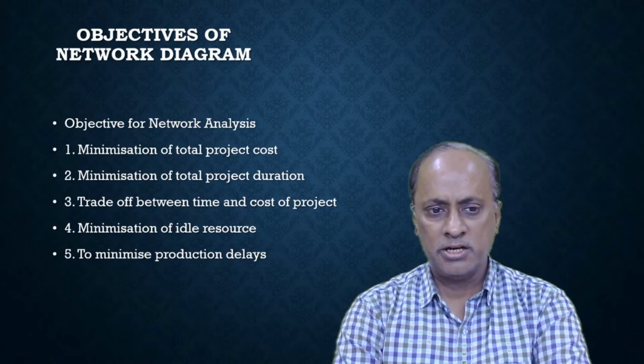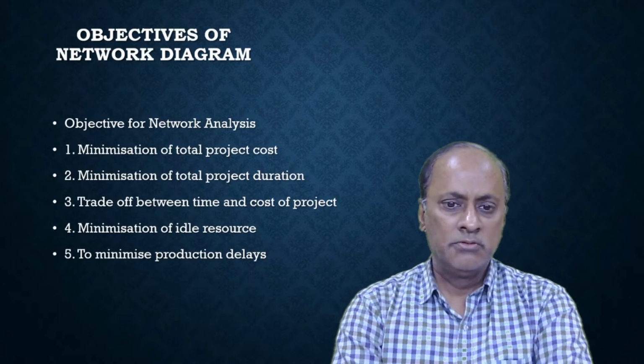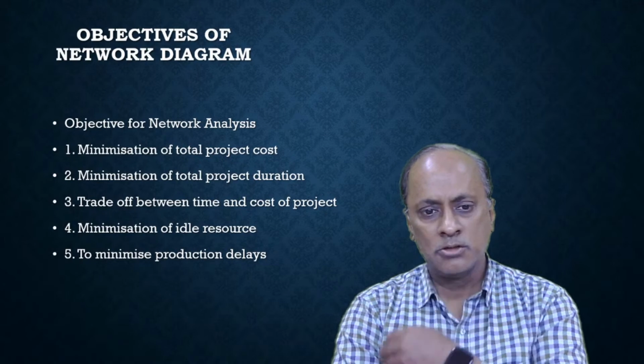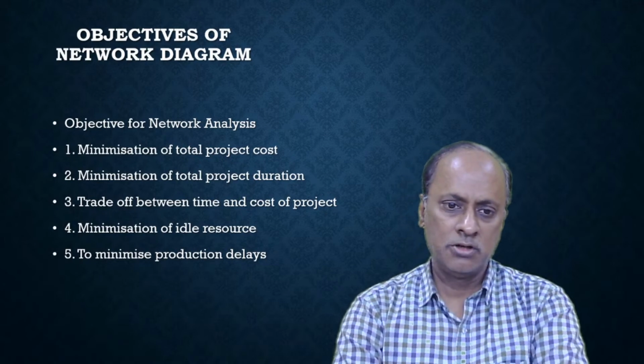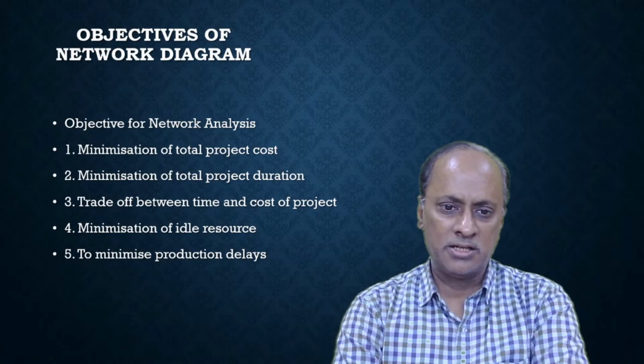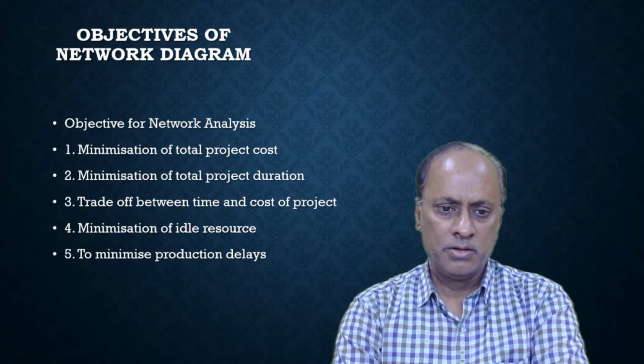What is trade-off? Trade-off is a very important concept. If you finish in less time, the cost of the project will increase because we require additional resources for completion. So we should maintain a balance between time and cost of the project, which is called trade-off.